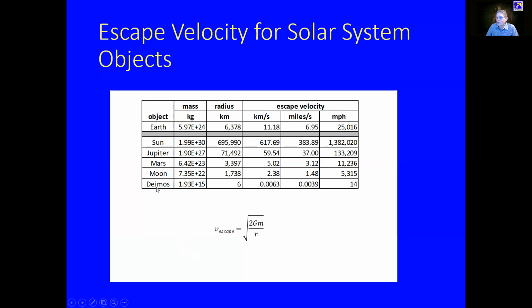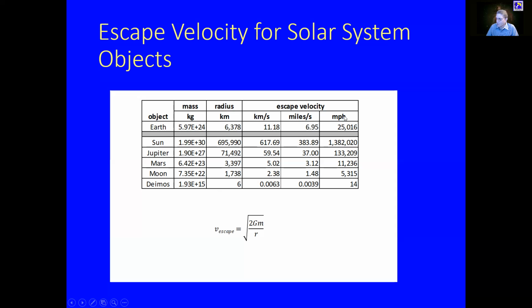Now, interestingly, Deimos, which is one of the moons of Mars, you can see the mass of Deimos, although from the absolute point of view, from a person's point of view, it's a lot of mass, but it's a very, very small radius. It's only 6 kilometers in radius. And the escape velocity here is actually pretty small.